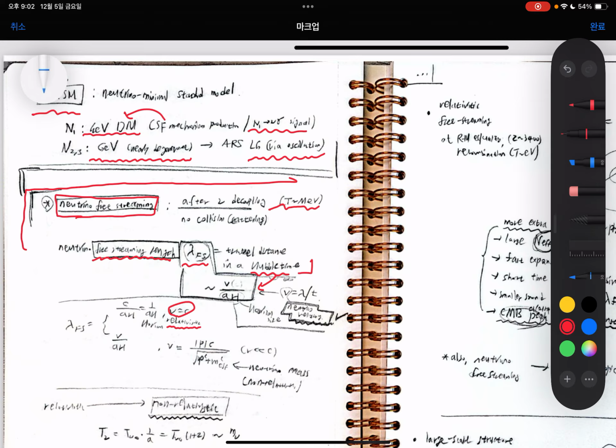So the free-streaming length becomes c over H, and we observe that c equals 1 in natural units, so it just reduces to 1 over H.